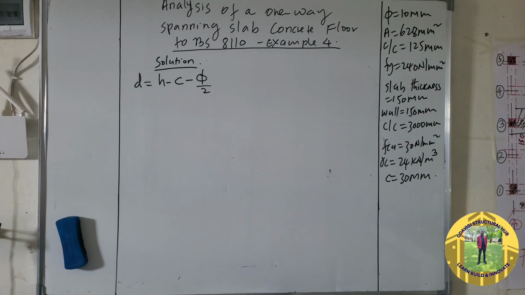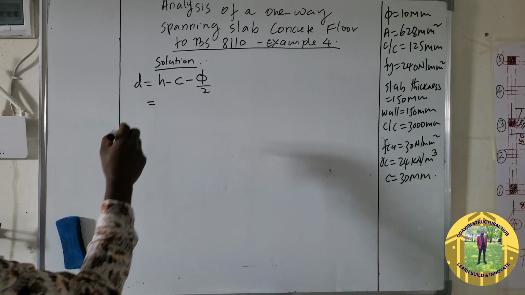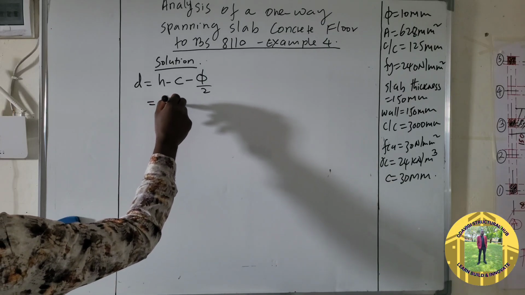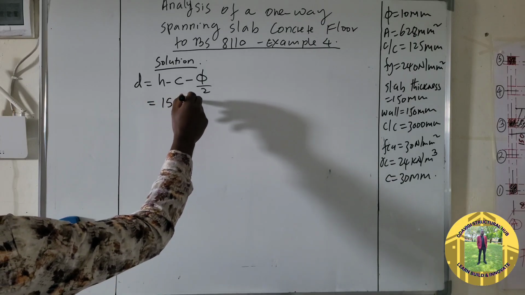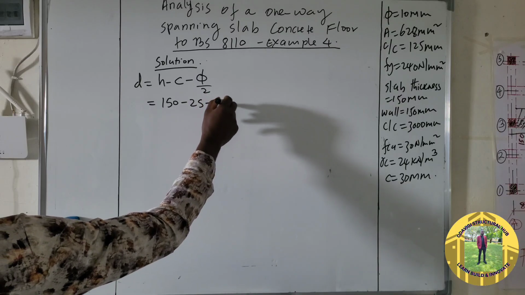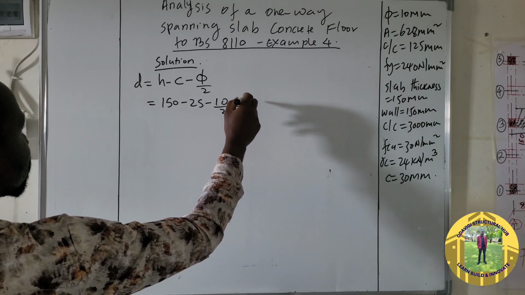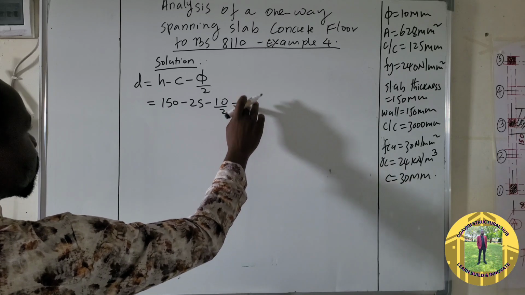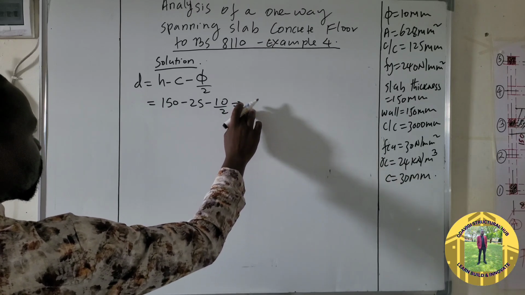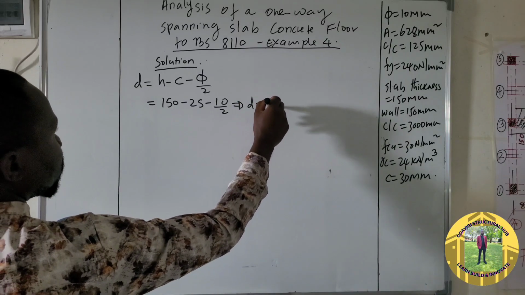So this one is equal to, our h is 150, cover is 25, and the diameter is 10 divided by 2. So which implies d is equal to 120 millimeter.